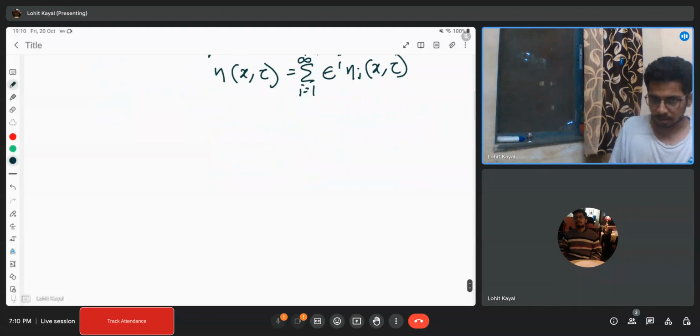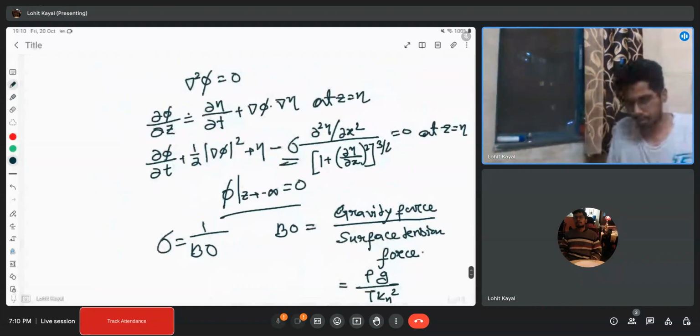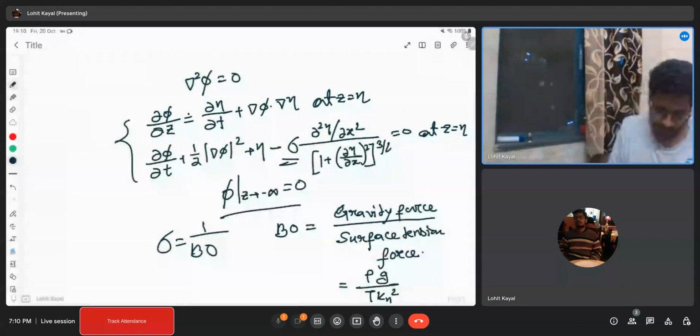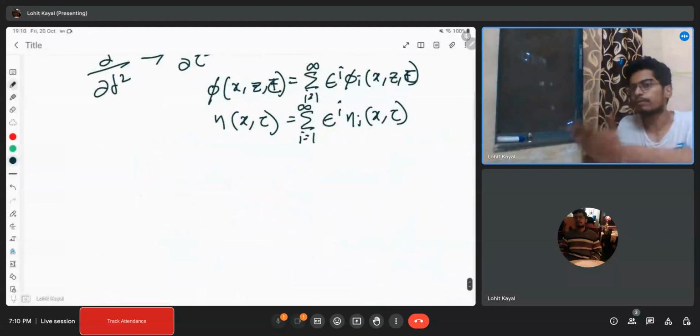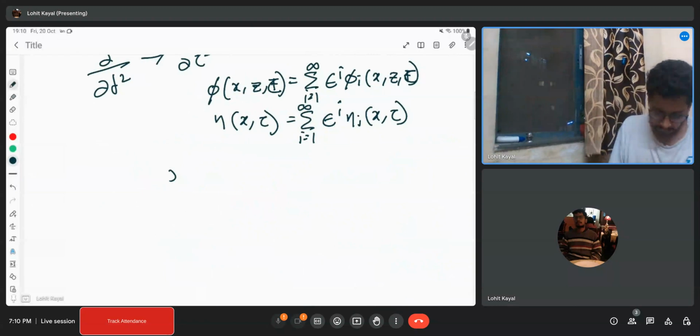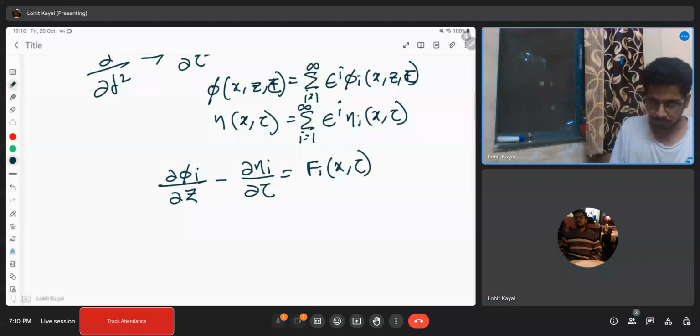So for each order, all the boundary conditions have to be satisfied, but we are more interested in these two terms, because that will lead us to the differential equation, right? So we will get this term: del phi_i del z minus del eta_i del tau is equal to f_i of x, tau, where f_i is a nonlinear term.